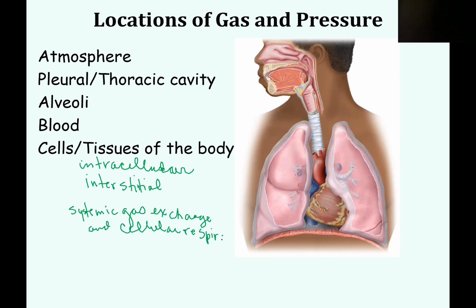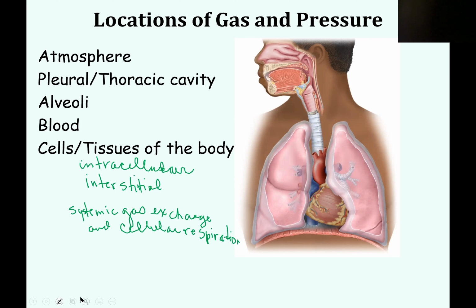Remember back in chapters 2 and 26, the first unit, we covered cellular respiration, where we used up oxygen and generated carbon dioxide. There are some other metabolic reactions that do the same thing, but we're changing the volumes of gases. Systemic gas exchange alters that as well.